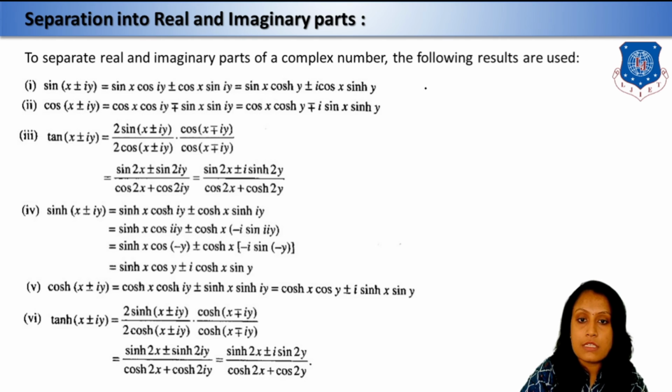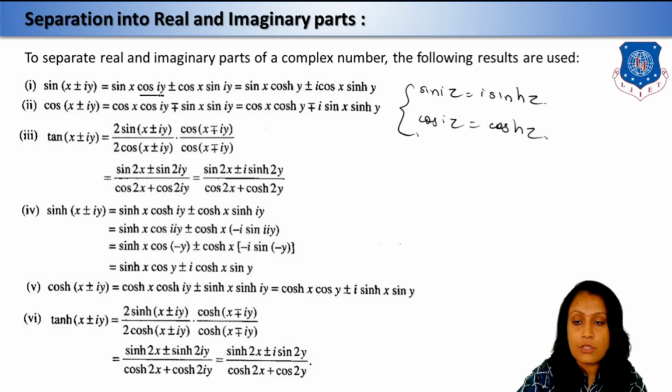Now we will use the results sin iz is equal to i sinh z and cos iz is equal to cosh z. So in place of cos iy, we will write cosh y, and in place of sin iy, we will write i sinh y. So here this is the real part and this is the imaginary part we have separated using this result.